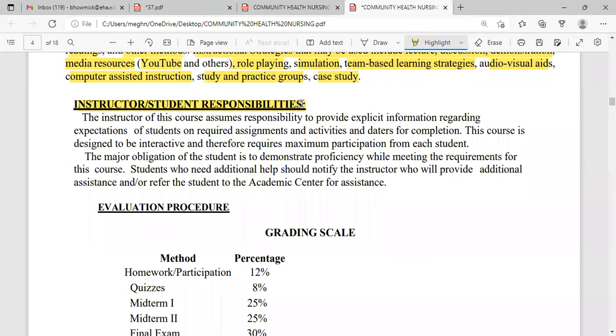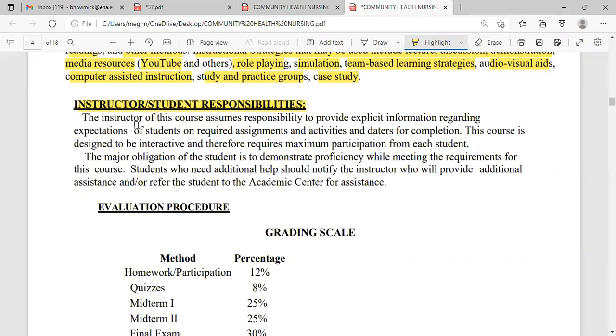Every instructor has to make that clear, right? And what are your responsibilities? Your responsibility is to ask me questions. Your responsibility is to prepare your assignments, participate in quizzes, read the PowerPoint, watch the videos, and make a nursing care plan.